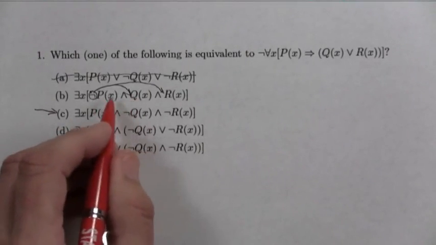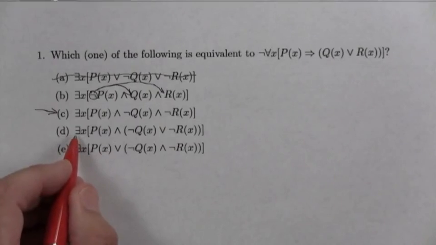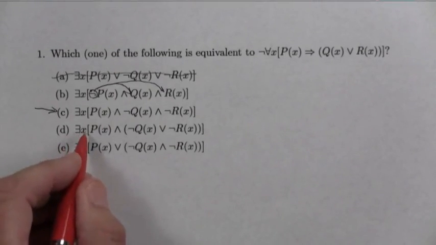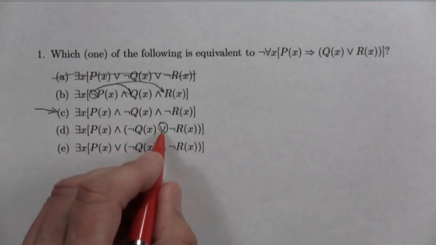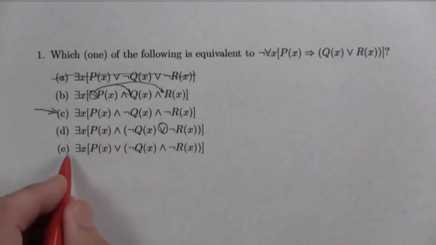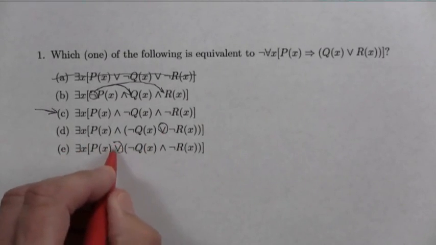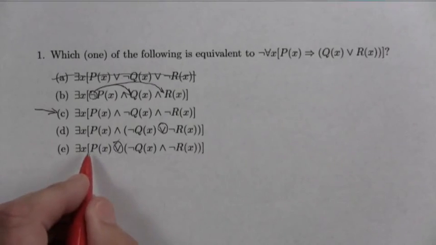It's like getting a minus sign in the wrong place in an equation. Looking at this one, everything went fine except you forgot to change disjunction to conjunction. And in the case of this one, you forgot that should be conjunction, and everything else was fine.